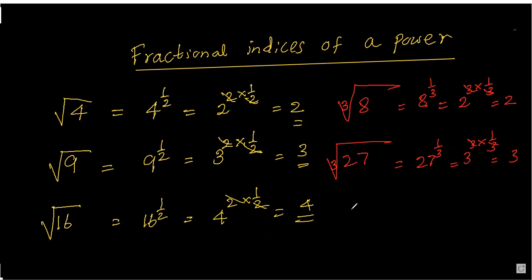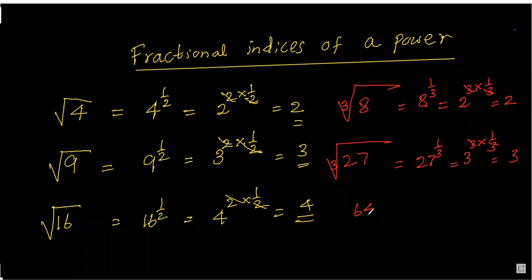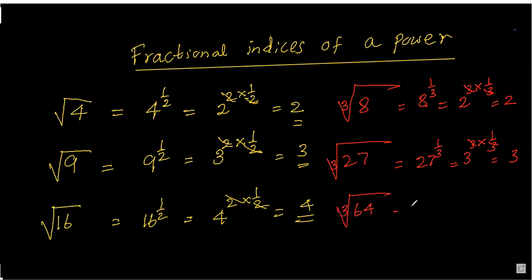That's why I wrote like that. If I write 4 times 4, 16 times 4, 64, the cube root of 64 is 64 to the power 1/3. Even we can write 4 to the power 3, into 1/3. Then the answer is 4.